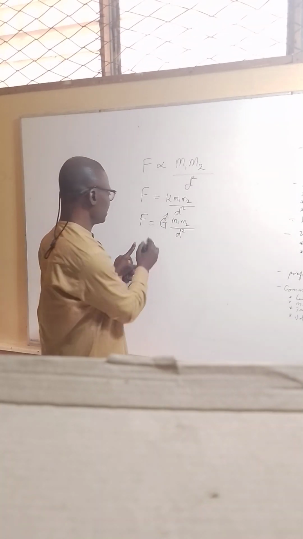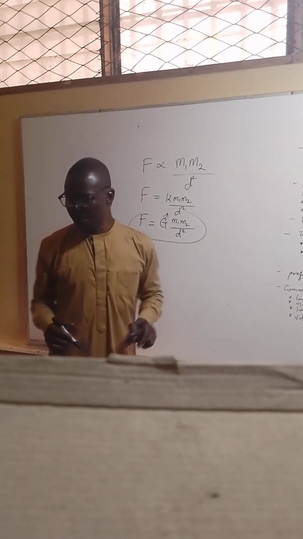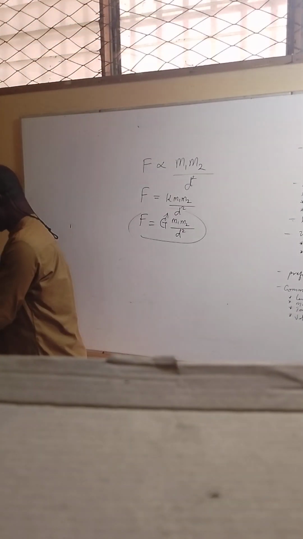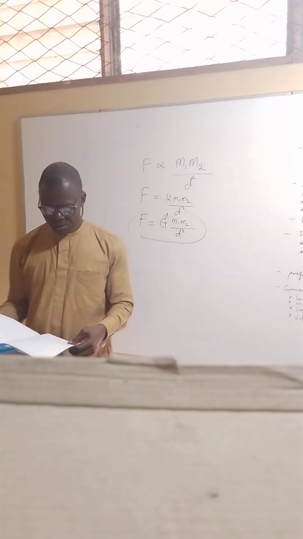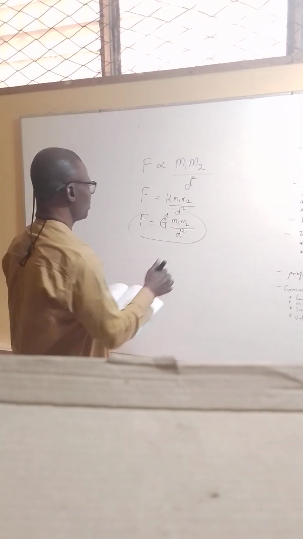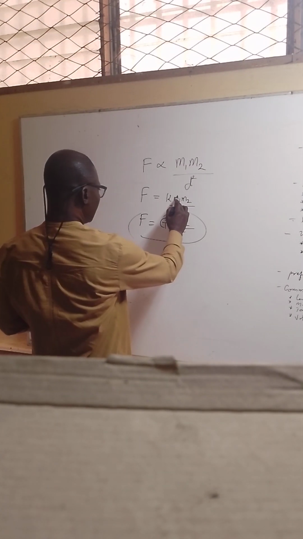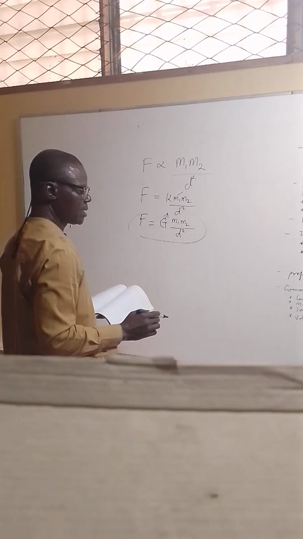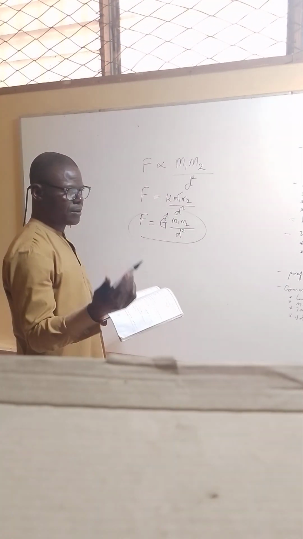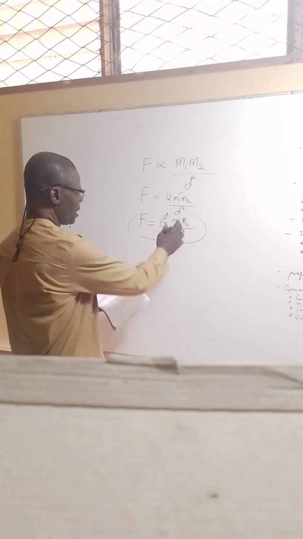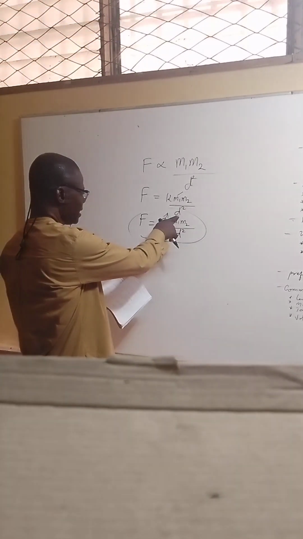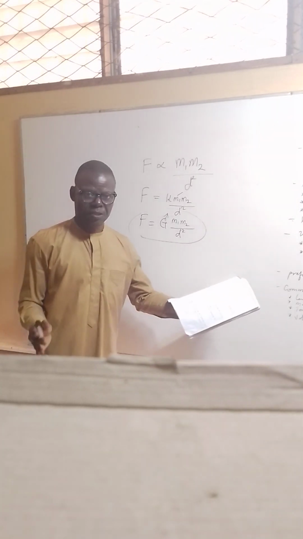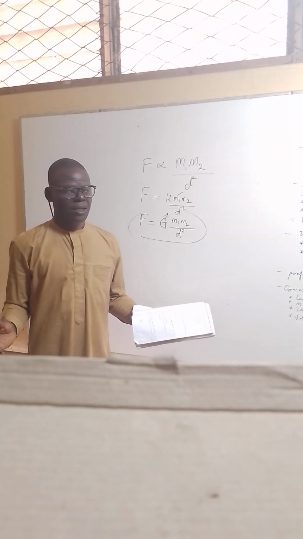Let me find out their values. M1 is the mass of the first body and M2 is the mass of the second body, and D stands for the distance between the two bodies.